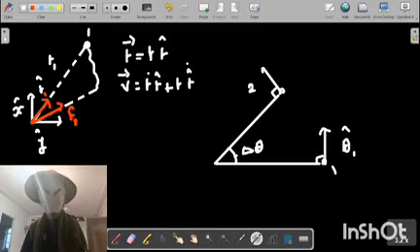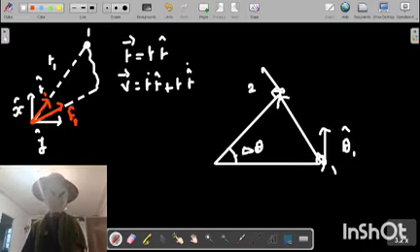Let's just say this is the directionality of 1, this is the directionality of 2. It would be to connect these two vectors together, okay, in this direction, right? So this is r hat 2 minus r hat 1.